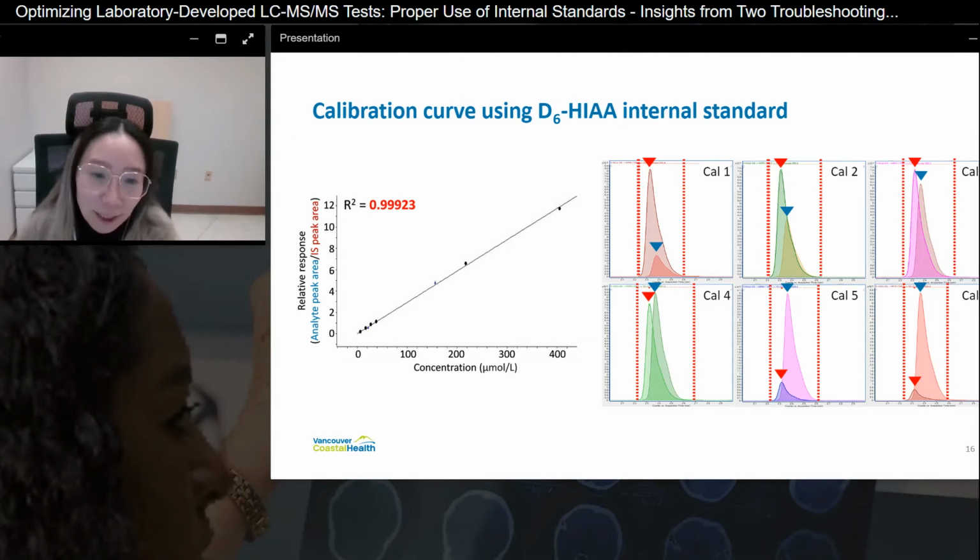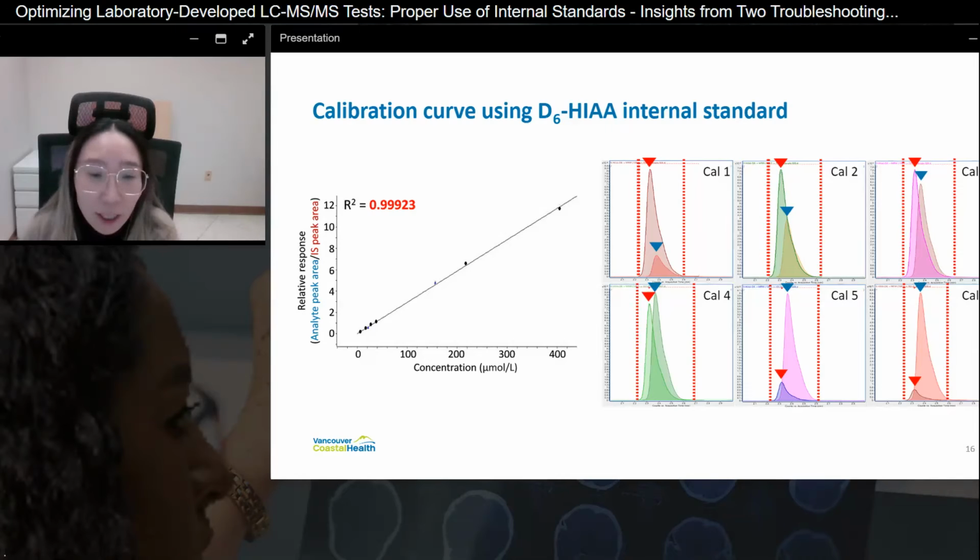So to explain this further, let's look into the chromatograms of the calibrators. I'm showing here a good day in our calibration. Our cal curve is linear and R-square is pretty good. On the right-hand side are individual calibrators, and the red arrows are internal standards, and the blue arrows are the analytes.